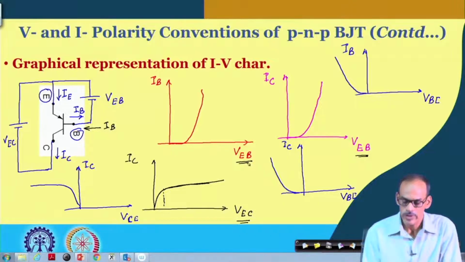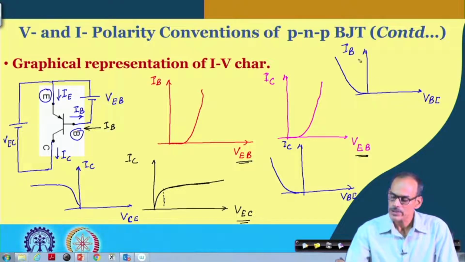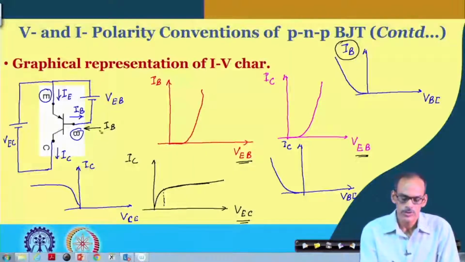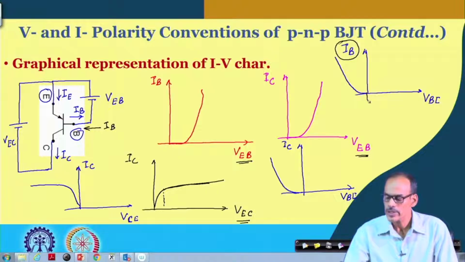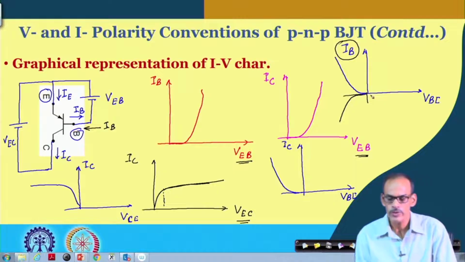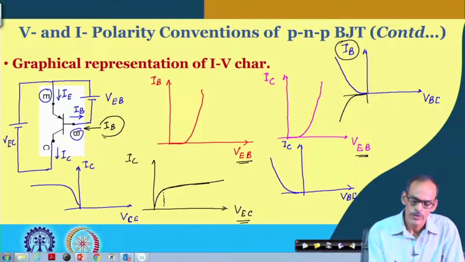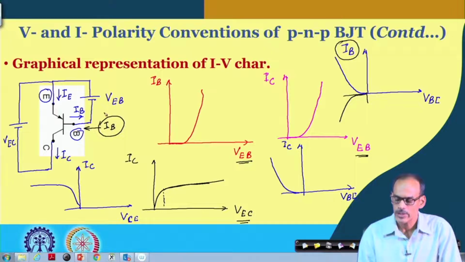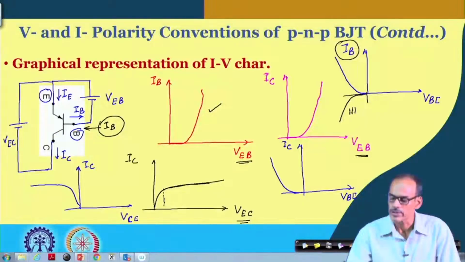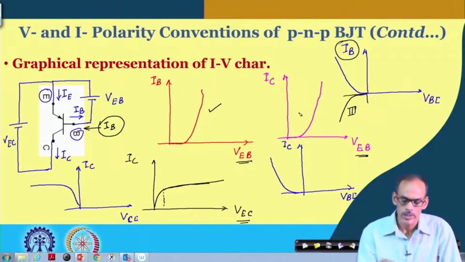If you change the polarity of this one, these two have opposite sign, so naturally the corresponding characteristic will come to the third quadrant. So, there are two ways of dealing with NPN and PNP together. Either you can use the same convention for NPN and PNP, but then you should be careful that the corresponding characteristic curve, instead of sitting in the first quadrant, enters the third quadrant.